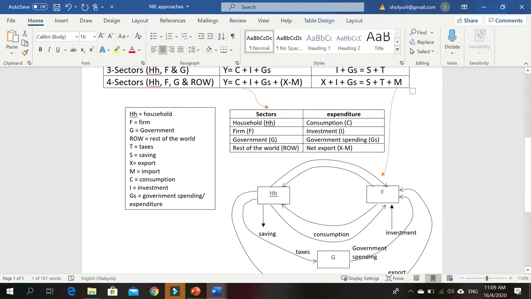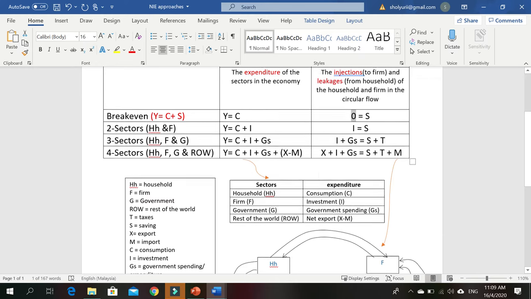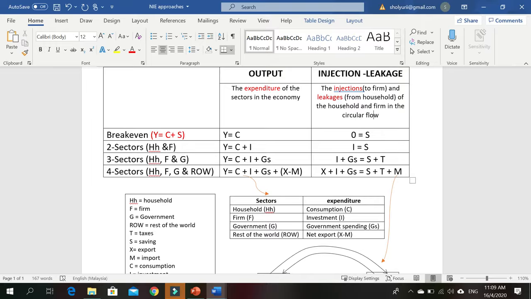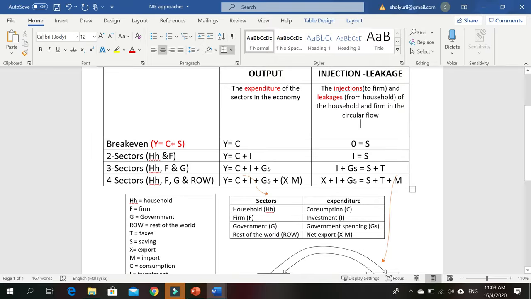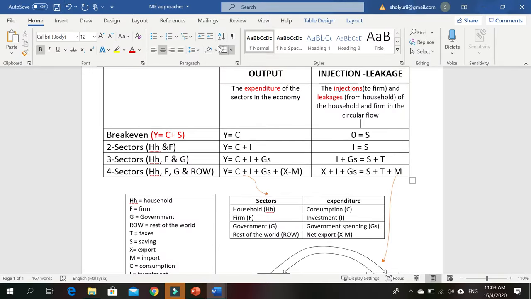So dia adalah leakage. Okay, so kalau dua sectors, maksudnya masa tu ada household dengan firm. Untuk household, sebelah sini kita akan tengok, okay, sebelah sini kita akan tengok untuk injection for the firm, and yang sebelah sana kita akan tengok leakage untuk household.